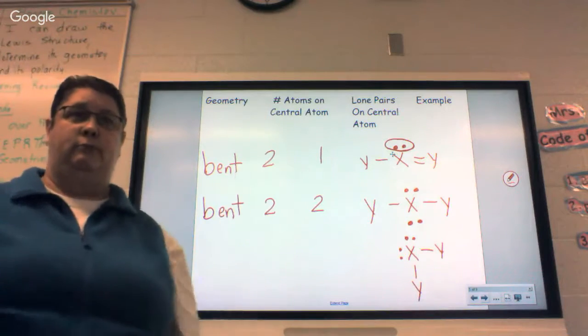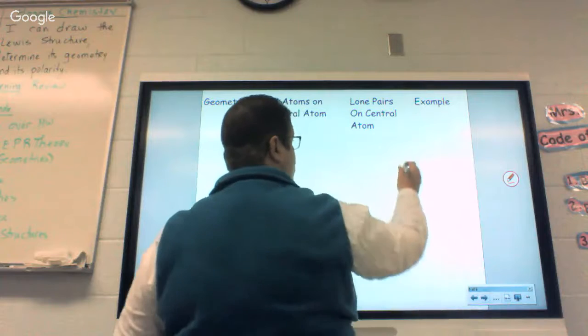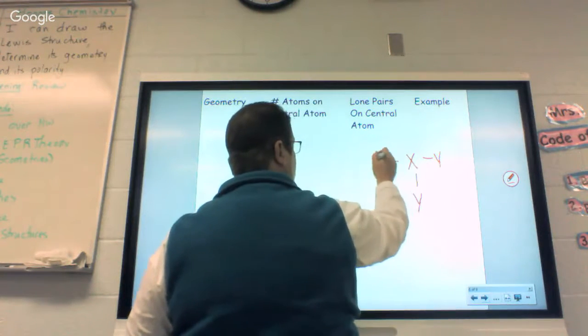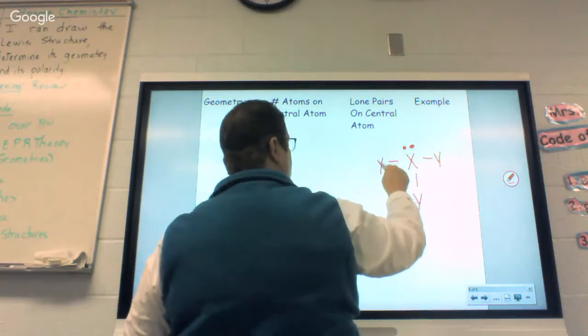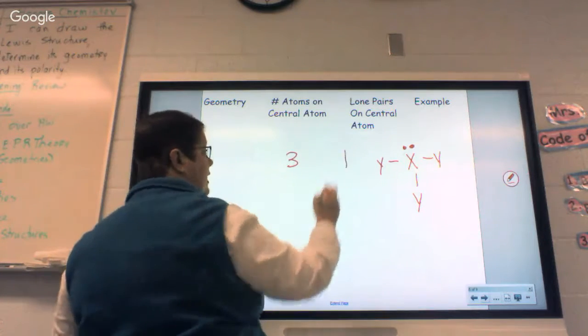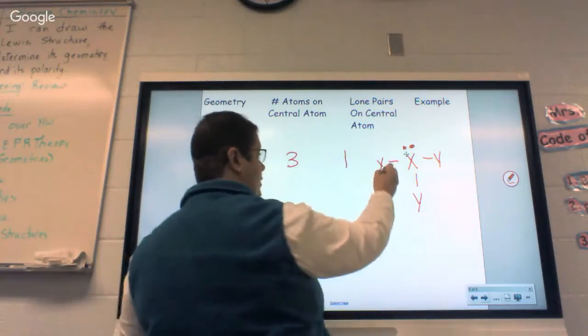2 atoms and 2 lone pairs. Okay? The last one you would have to be able to do has 3 atoms and 1 lone pair. The only difference here is, again, it has 3. So anything that has 3 is in what shape?